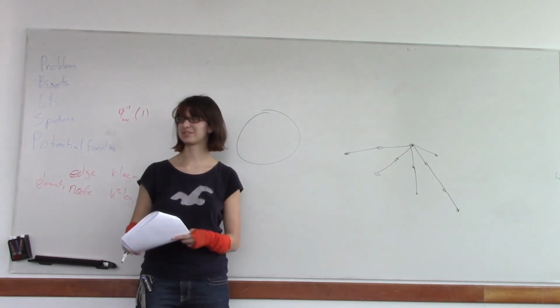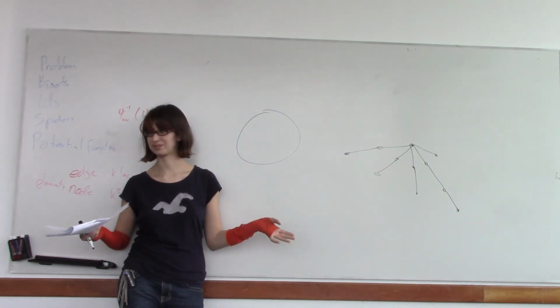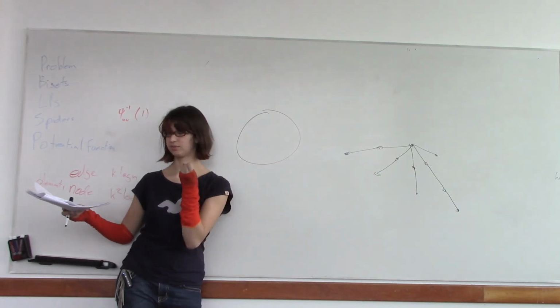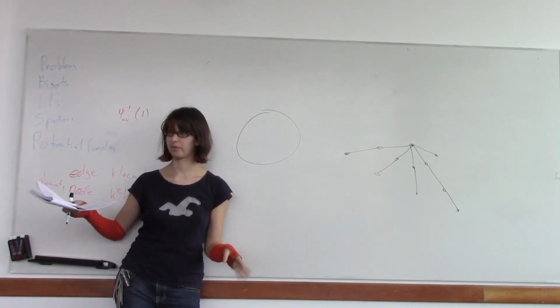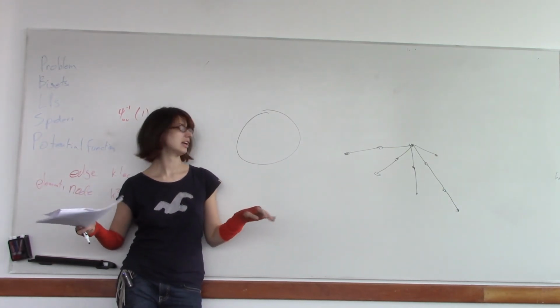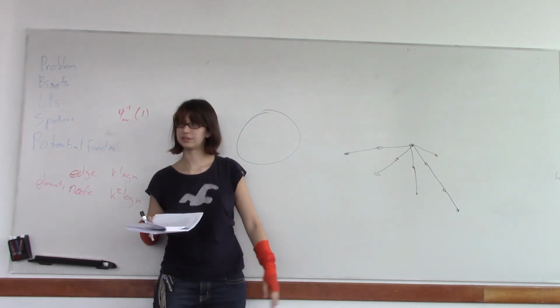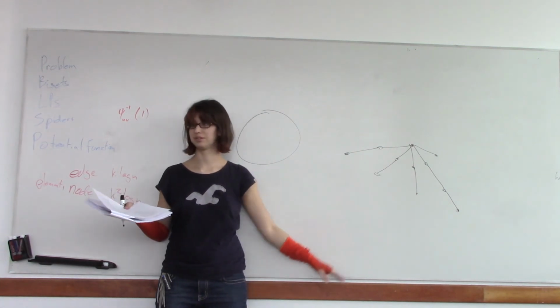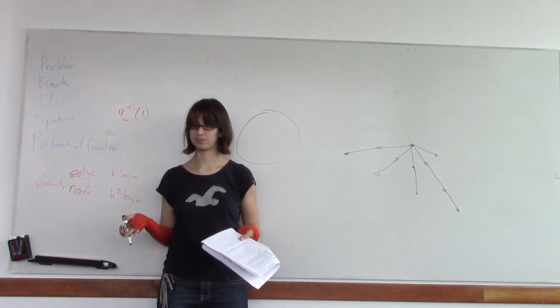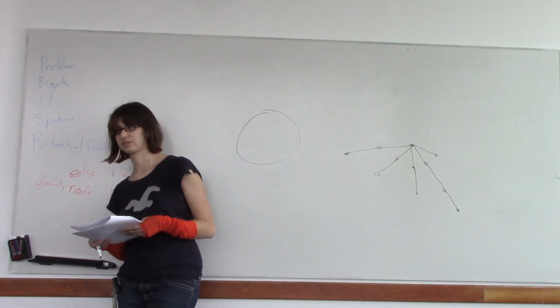So this is typically what a spider looks like, where you have a head which has a large degree, large being 1 or more, and everything else has degree 2 or 1. And the degree 1 vertices are called feet. So that's what a spider is generally in the graph theory sense.